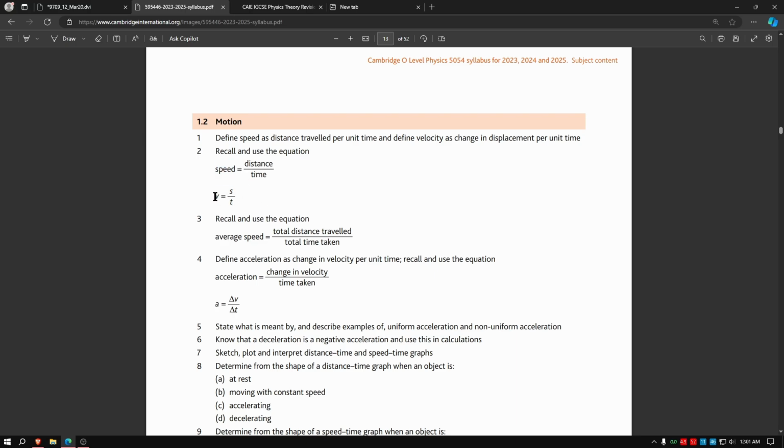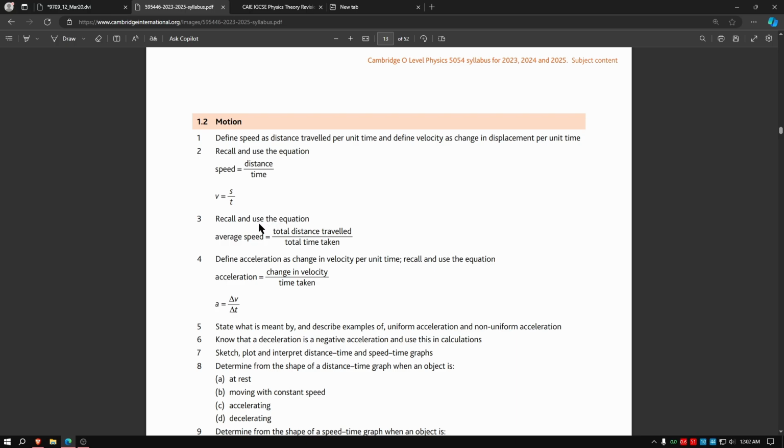Speed is replaced by velocity and distance is replaced by s, which is displacement. Okay, next, recall the equation for average speed. You have to use average speed. So this one is totally similar. One small change: speed becomes average speed, and in return, you have to use total distance by total time.